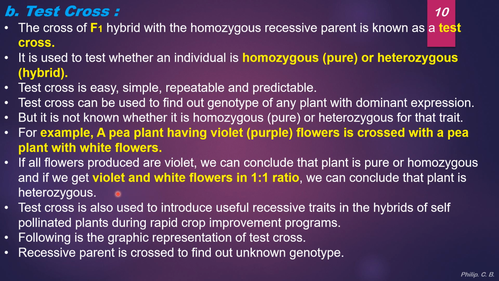As we saw in the previous one, in case of back cross, the crossing gives you either pure or 50-50 hybrid ones. So test cross is also used to introduce useful recessive traits in hybrids or self-pollinated plants during rapid crop improvement programs. Following is a graphic representation of test cross. Recessive parent is crossed to find out the unknown genotype.